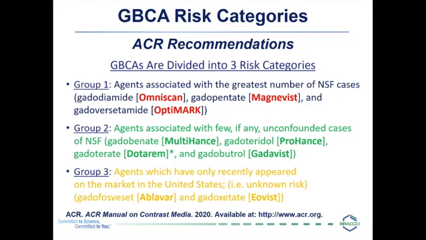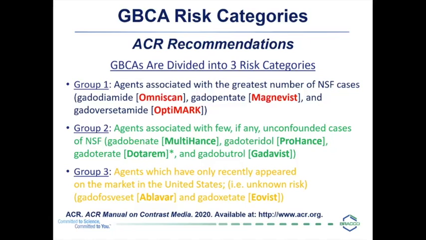The ASHNR Contrast Media Committee, the European Medicines Agency, and the US FDA all have classified gadolinium-based contrast agents into different groups based on reported association with NSF in vulnerable patients, although the scheme used is not exactly identical. The American College of Radiology came up with the classification of agents based on three classes. Group 1 includes agents associated with the highest number of NSF cases that have been contraindicated by authorities around the world in patients with severe renal impairment.